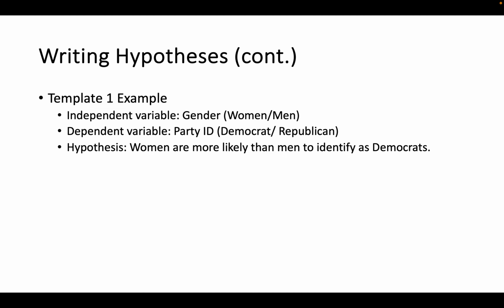Now what's not stated here, because that's in the theory section, is the actual theoretical rationale. So one type of theoretical rationale would be that females identify more with Democrats on the issues, and thus give Democratic candidates their support. But this is an example of writing a hypothesis. See how short it is? I really want you to be short in your hypotheses.